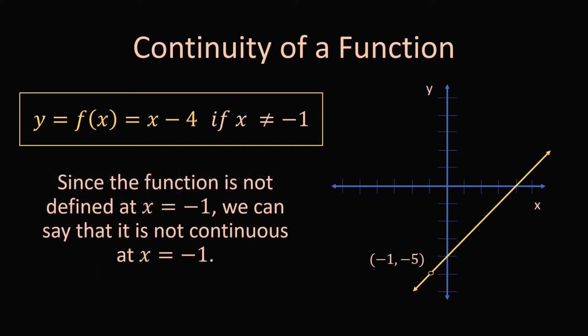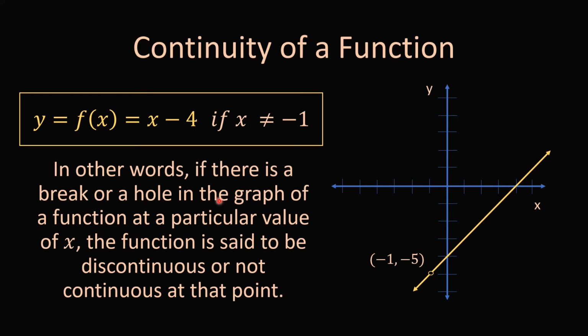Since the function is not defined at x is equal to negative 1, then we can say that this function is not continuous at x is equal to negative 1. So we notice in the graph that it is not continuous at this point.